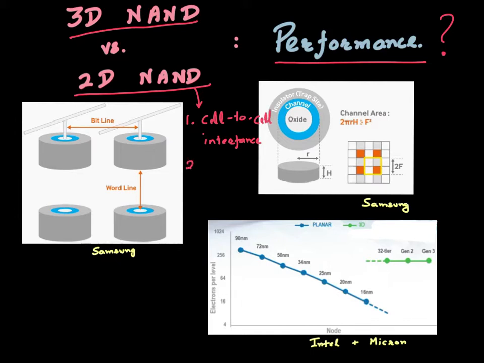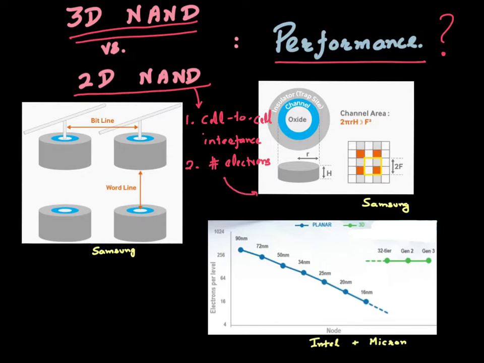And the other reason was that the number of electrons stored in the cell was decreasing, and the number of electrons needed to distinguish one bit from another was becoming too small to manage. So because of these two reasons and others, the industry gravitated towards 3D NAND flash memory.